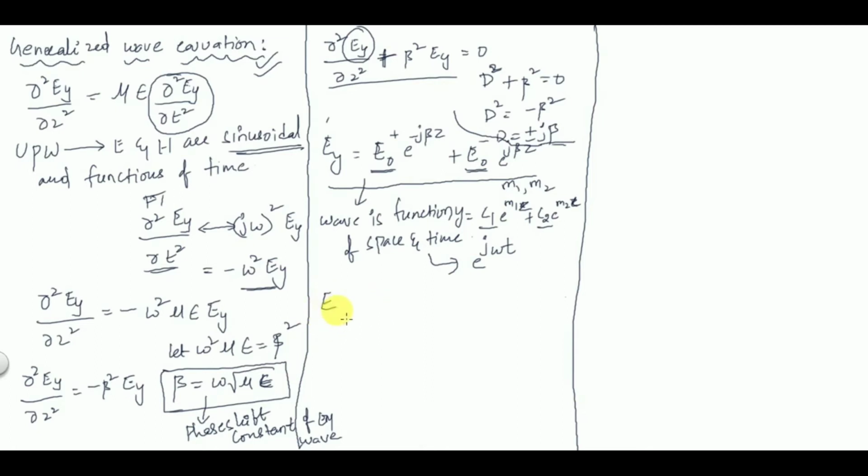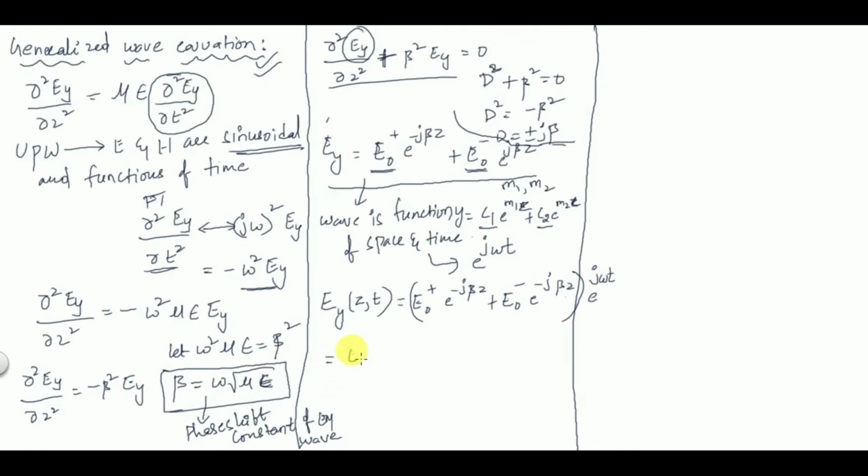So the final expression Ey of z comma t is obtained as E naught plus e power minus j beta z plus E naught minus e power j beta z, into e power j omega t.